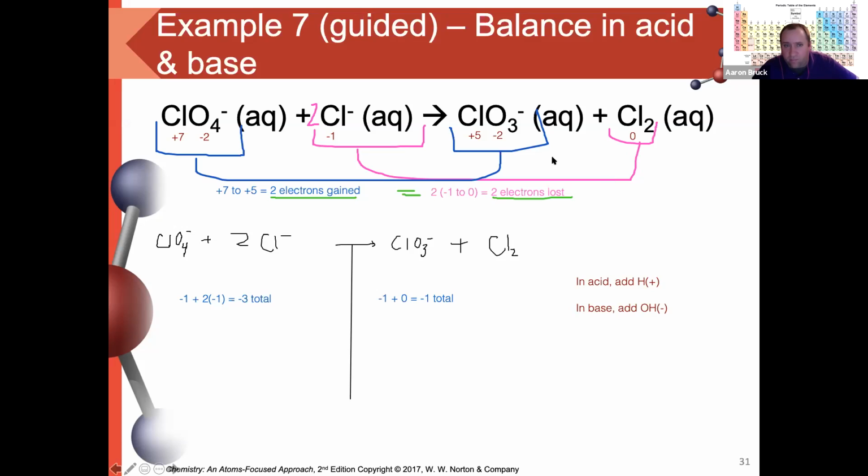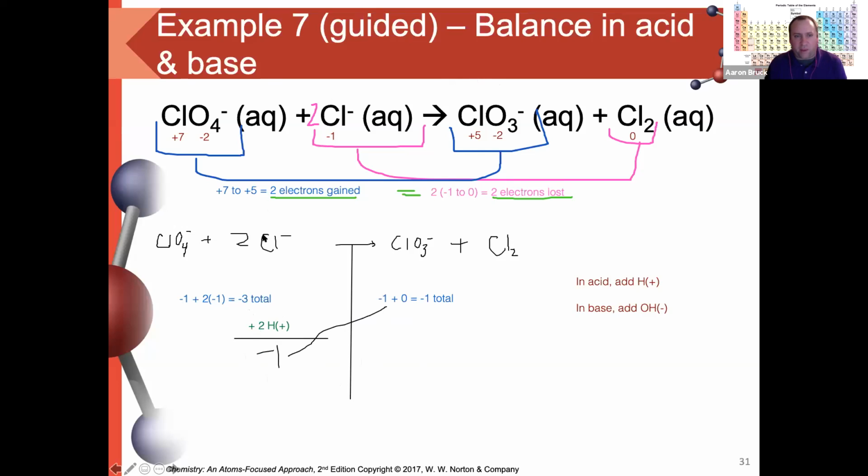So since we're doing acid, let's do acid first. Adding H pluses means we're going to have to make one side more positive, so we're going to pick on the side that's more negative. To turn -3 into -1, I need to add 2 H plus ions. If I do that, my -3 becomes a -1, and now it matches.